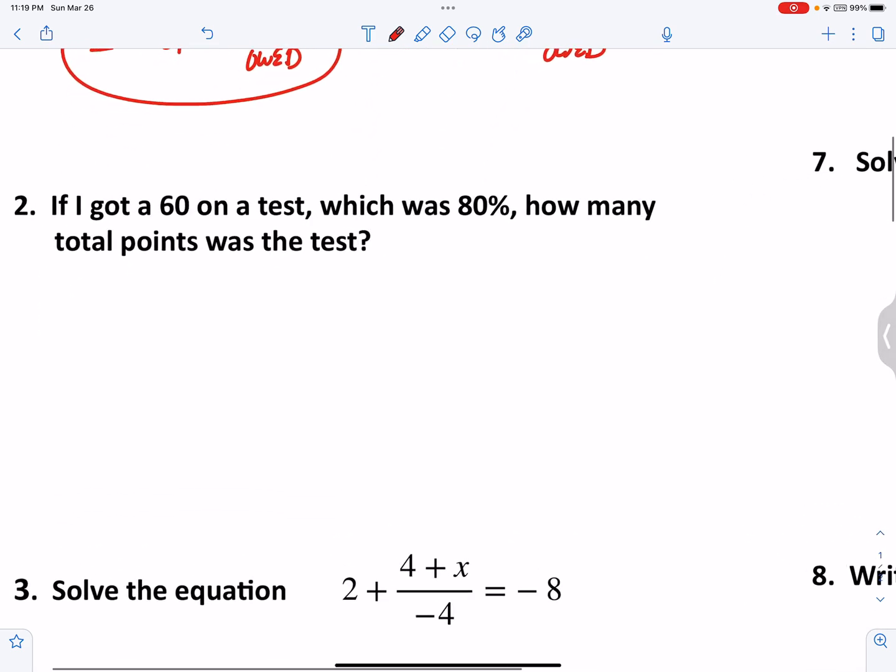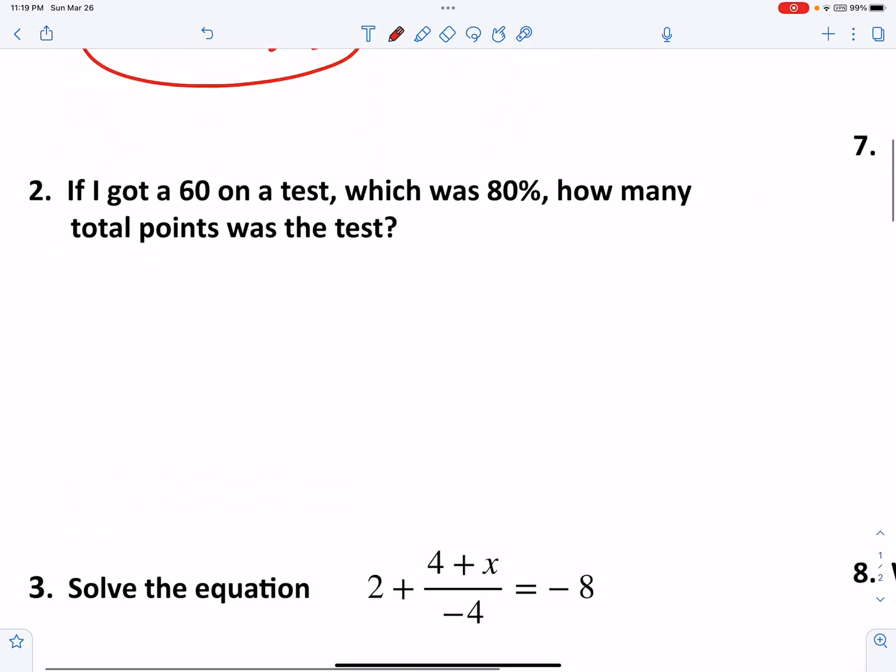If I got a 60% on a test, which was 80%, how many total points was the test? So I'm going to make my note that this is the part, and I don't know the whole. And so we're wondering a question like 80% of what is the 60%? Okay, and so that's what we're sort of setting up here. Is the 60.